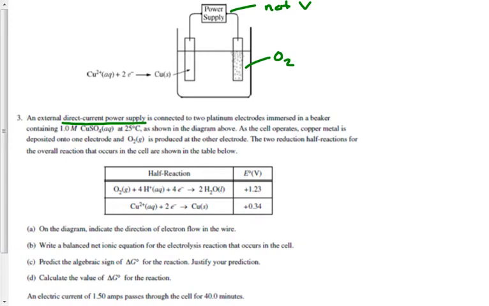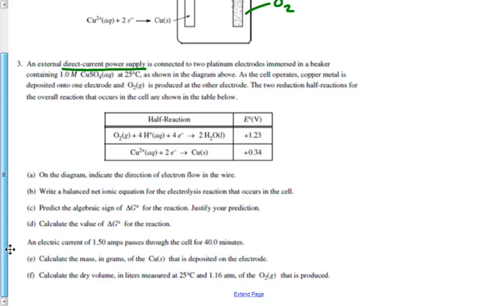The 2 reduction half reactions for the overall reaction that occurs in the cell are shown in the table below. As confusing and foreign as this might seem, we're able to do almost all this, even though these do evolve as we go. On the diagram, indicate the direction of the electron flow in the wire. So what you have to understand is how we interpret this still.